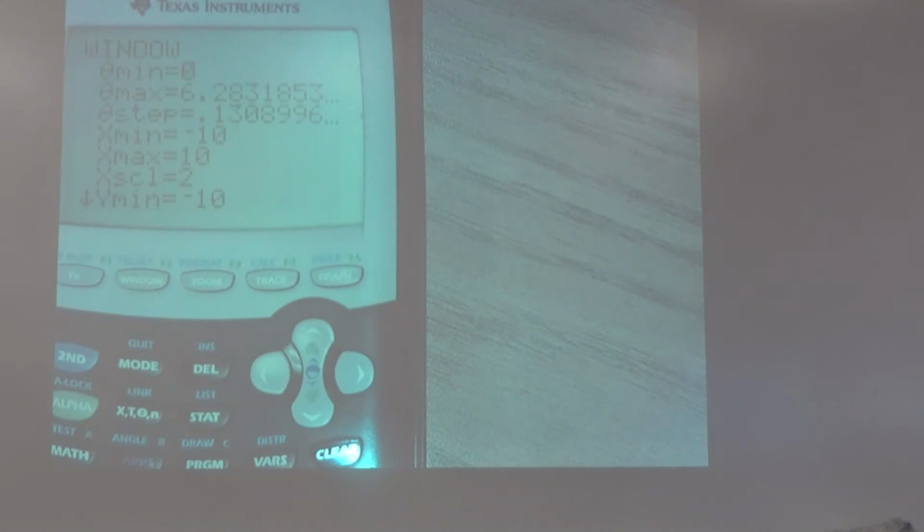When we press y equals, notice it now says r1 equals, r2 equals, typical polar equations. Go ahead and hit graph. Pause until you're ready. Here we go, graph.